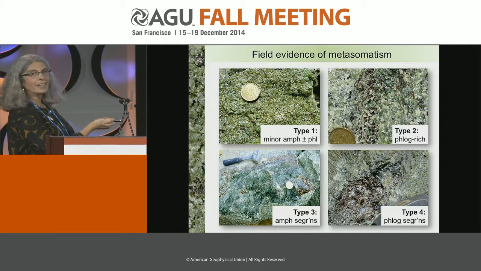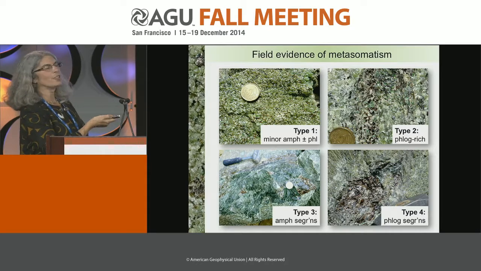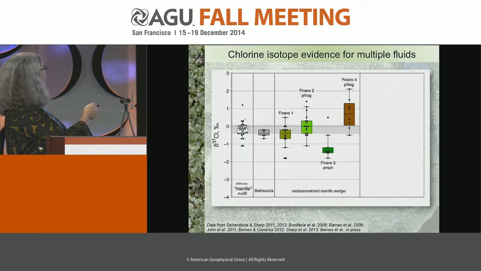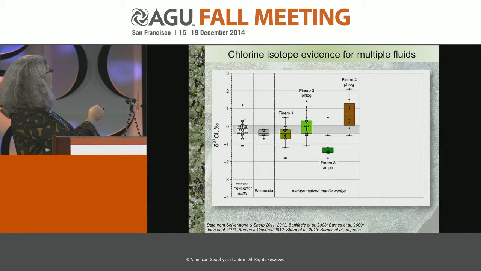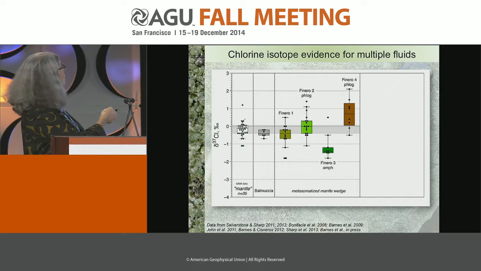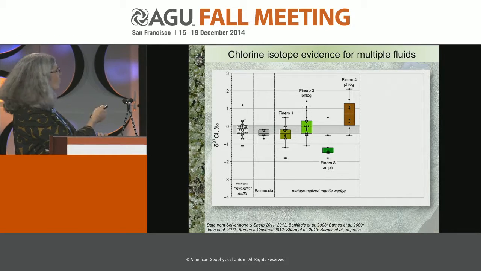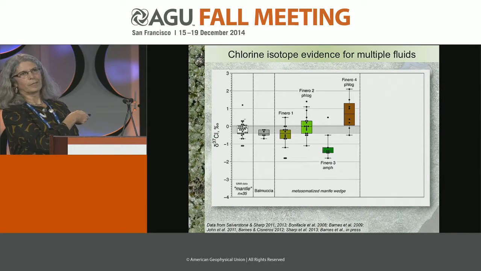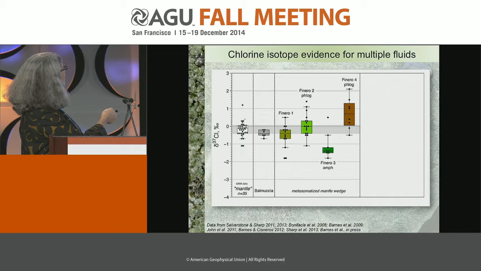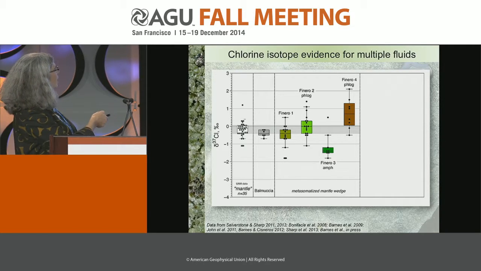So we're again going to take a look at the chlorine isotope compositions of these rocks. Here is our reference data set for mantle compositions. Balmuccia peridotite sits nicely in that same field. And now we have the 4 different types of samples from Finero. And you can see there's much more scatter in each population.